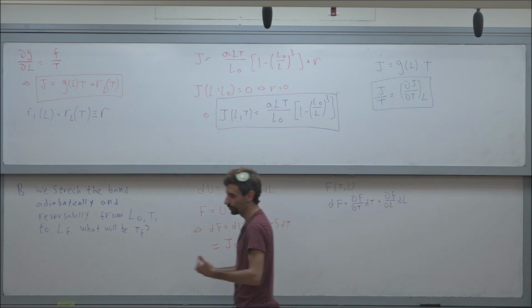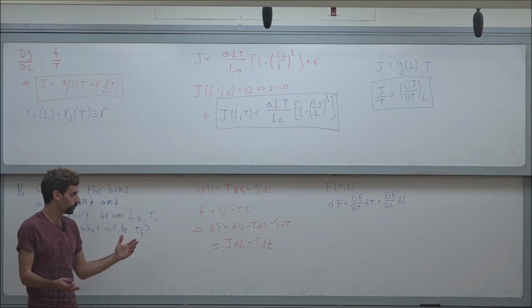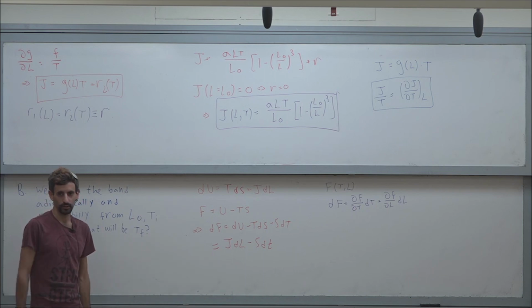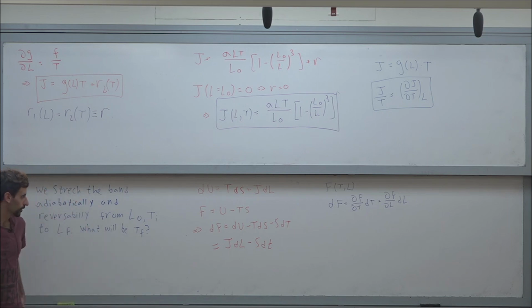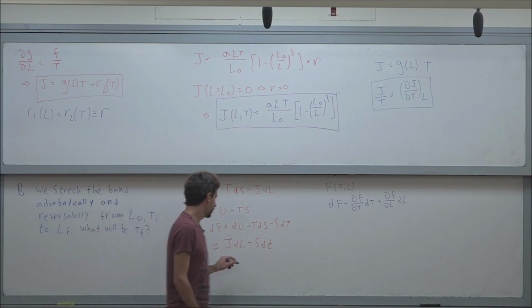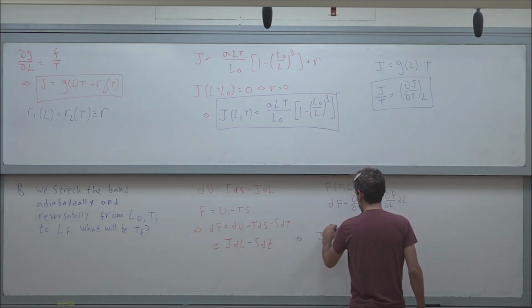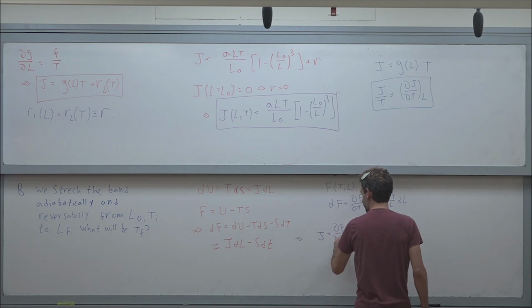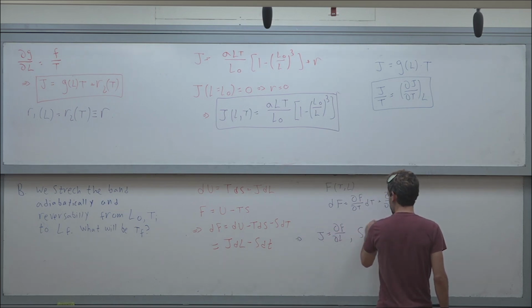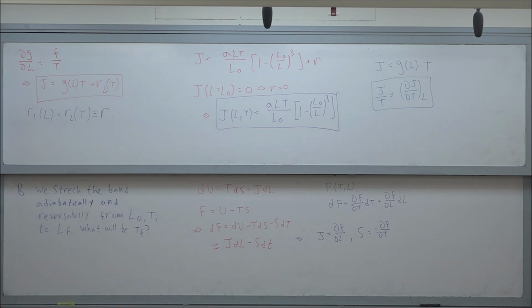The full differential is the derivative with respect to each of its parameters, times d of the parameter. So now we can recognize here, if dF equals J dL minus S dT, then J should be ∂F/∂L, and S should be minus ∂F/∂T. Oh, this should be large T. It's the temperature, it's not time.